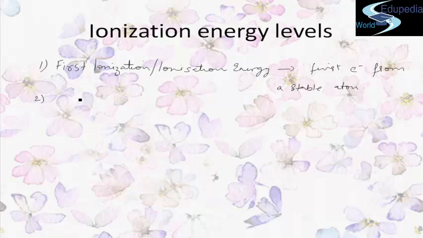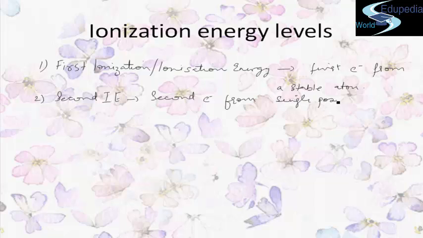Now, the energy required to remove the second electron from a singly charged positive ion to form a doubly charged positive ion, we call the second ionization energy. The second ionization energy is when we remove the second electron not from the stable atom, but from the singly charged positive ion.